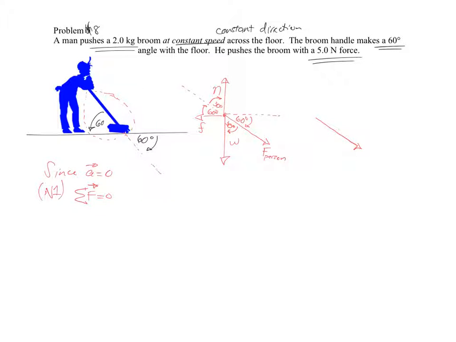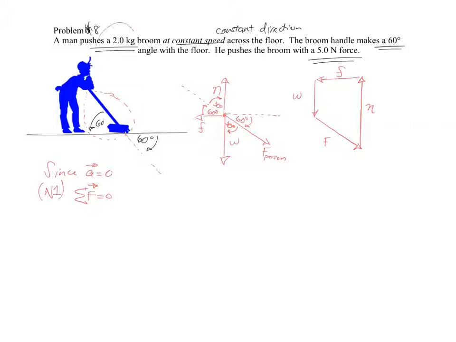I have normal, which is going to have to be quite long. And then I have friction, right? Applied force, normal, friction to the left, and then weight will be straight down. Now I'll label those vectors: weight, normal, applied force, I'll just call it capital F, and friction.